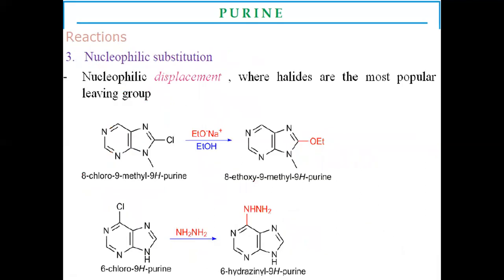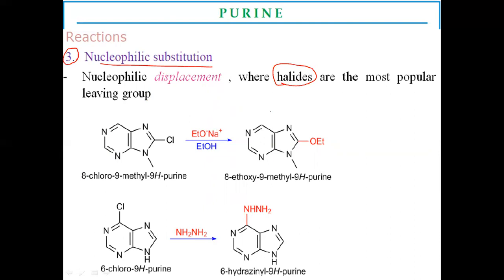The next reaction is nucleophilic substitution reactions. There is a displacement of nucleophiles on purine rings, where the best leaving group present in the purine ring is a halide. Halide-containing purines undergo nucleophilic substitution reactions.